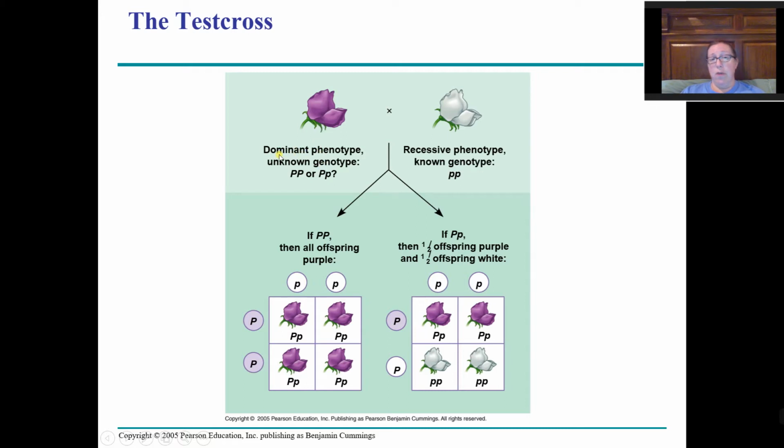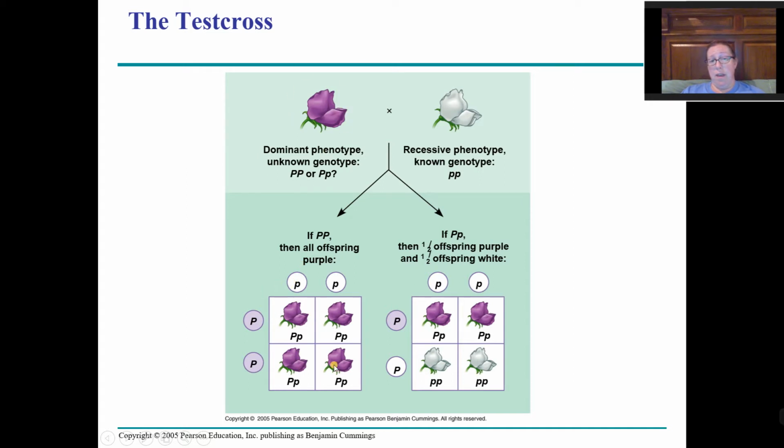So even though you have a dominant phenotype, let's say you want to know what that parent was, whether it was homozygous dominant or heterozygous, because when you see purple, you don't know. You just know that it's one of these two. So you want to find out. How you find out is you take the recessive that you know. It's something that's known, so it's at the top here. And you cross it to that purple flower.